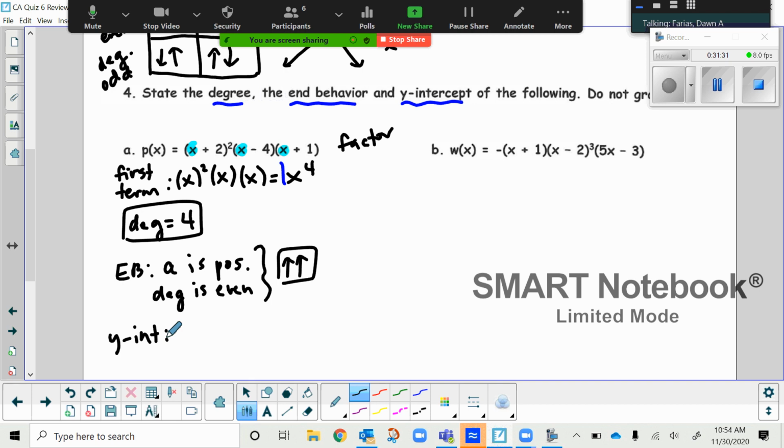And then here's what's up with the y-intercept, okay? There's no constant term because it's in factored form. So what we're going to do is still do where x equals 0. We're going to plug that in for all the x's.